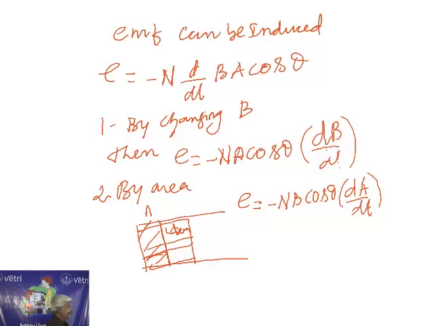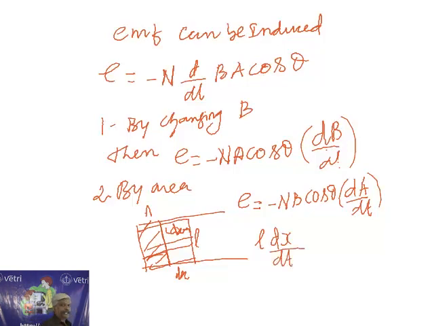So if the length of the conductor is L, breadth is S, what is the area now? L into dx is the area. Are you able to follow what I say? Because it is a rectangle, the length and the distance it is moved, the new area is therefore L into dx. The change in area is nothing but change in distance divided by time. Therefore L dx by dt.